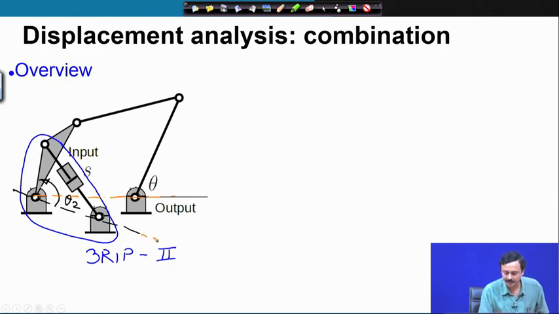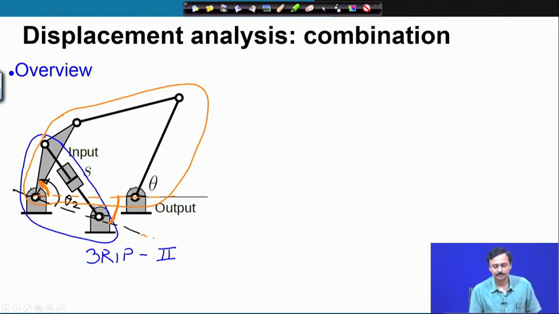Now, this angle is constant, so I can just subtract this angle from theta 2 to get the theta 2 of the 4R chain. Then I solve the 4R chain.